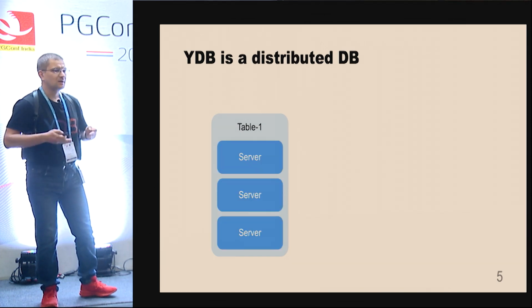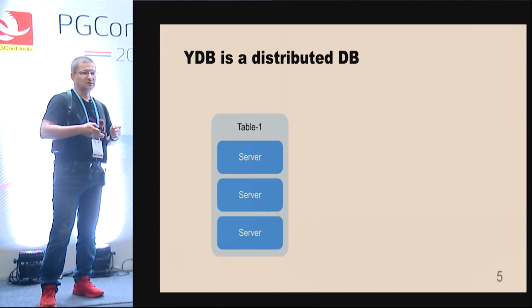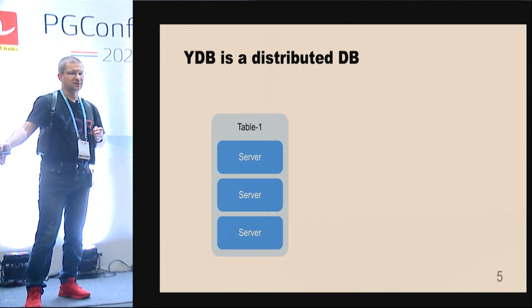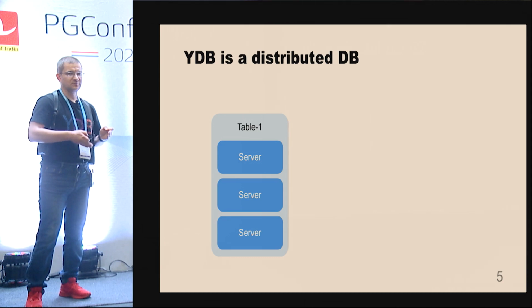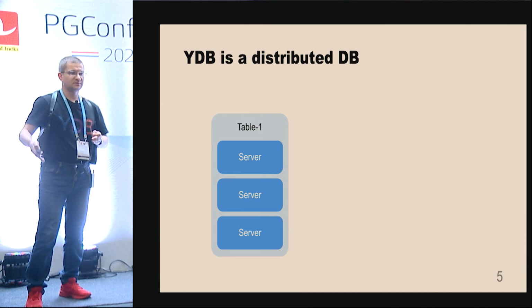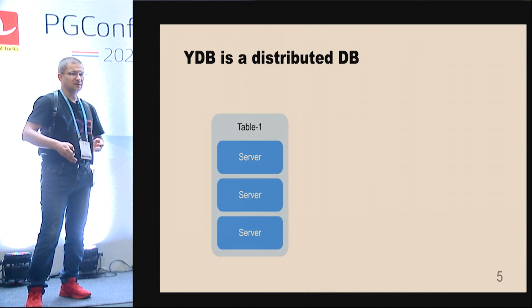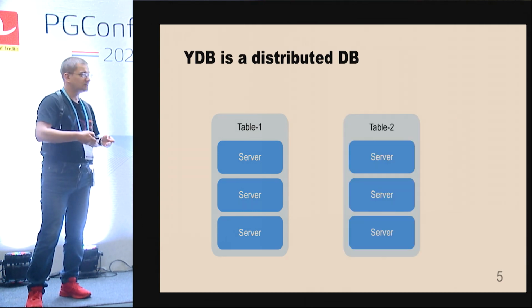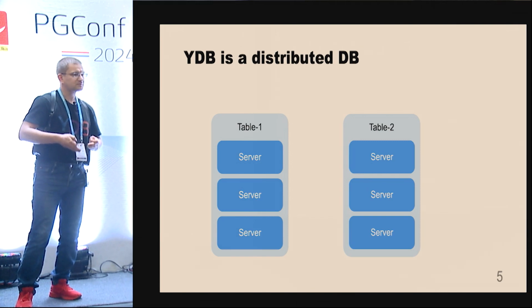This means one table can be split and shared between many servers, and one table is served by many servers at the same time. And a YDB database can contain a lot of such big tables.